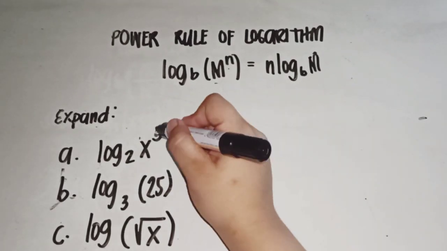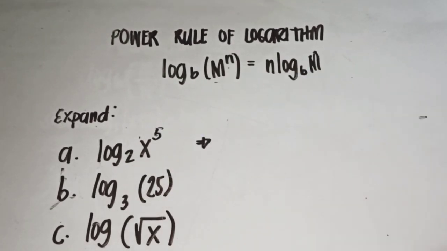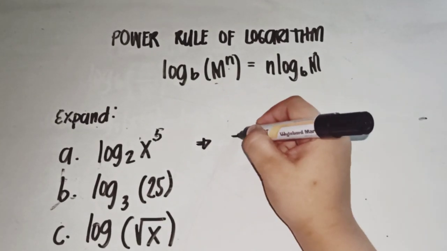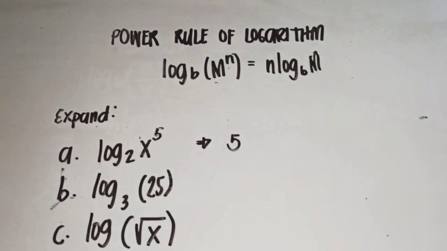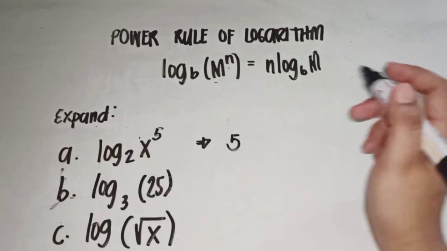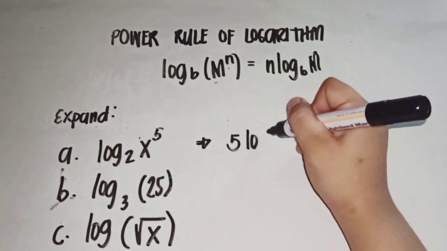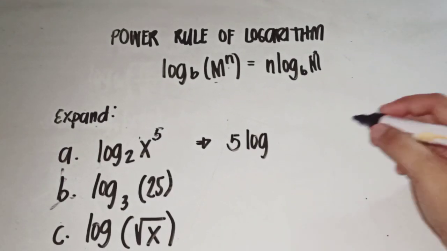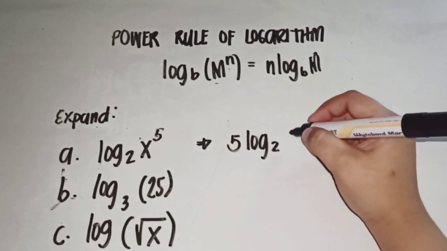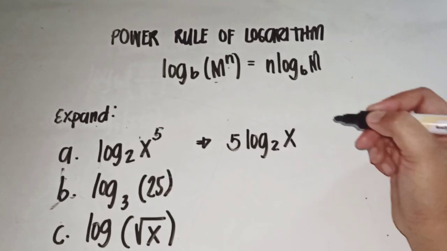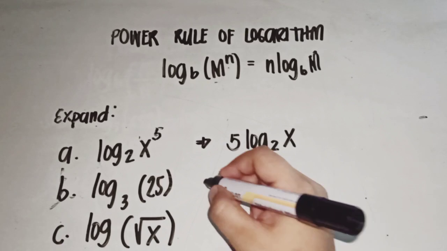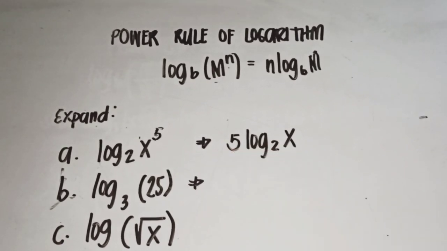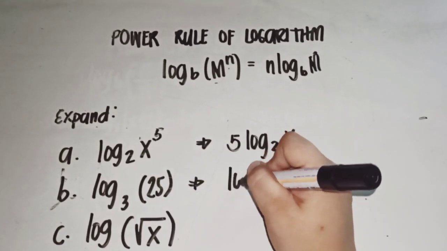This exponent 5, write it first. We bring down the exponent and then we write our logarithmic expression of x.